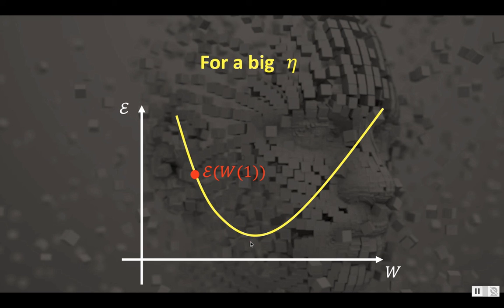The second one is to choose a relatively big eta. What's going to happen? Every time it's going to change a lot since we have a large eta. So from E1 to E2, that's a big jump. Since eta is a fixed value, for the next point, it's going to move to this side because the distance from 1 to 2 and from 2 to 3 are equal.